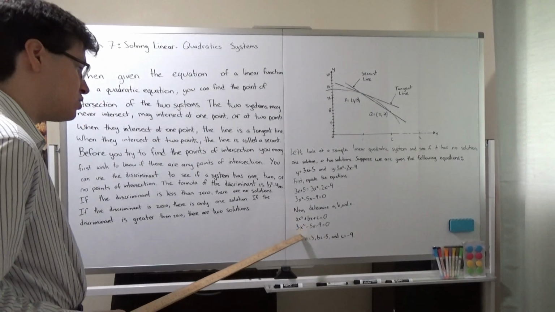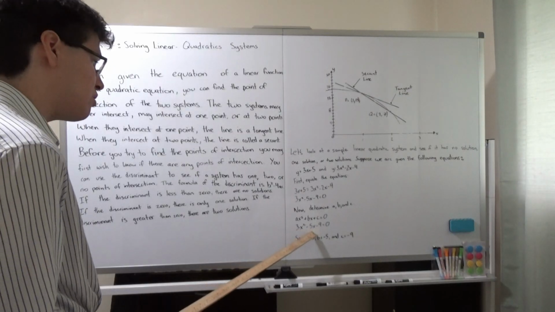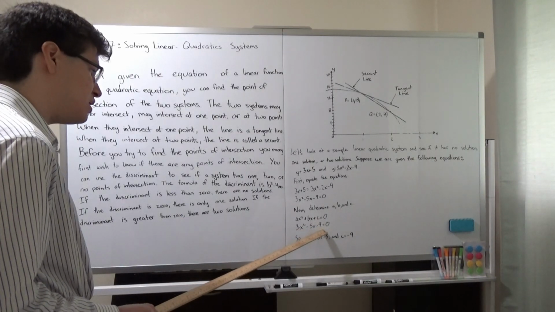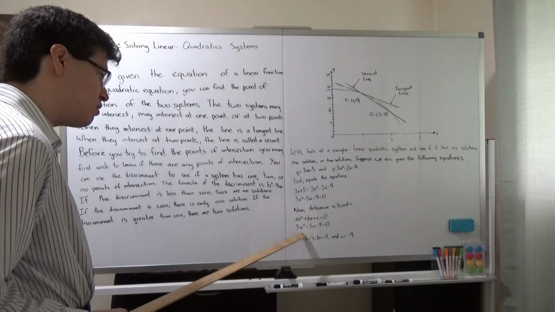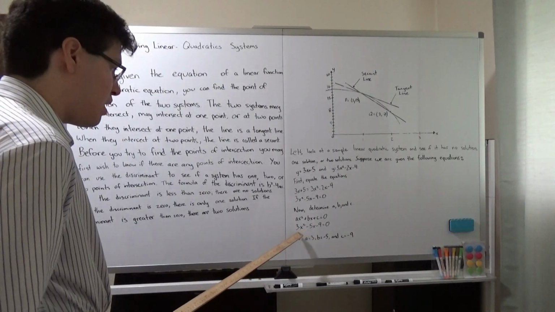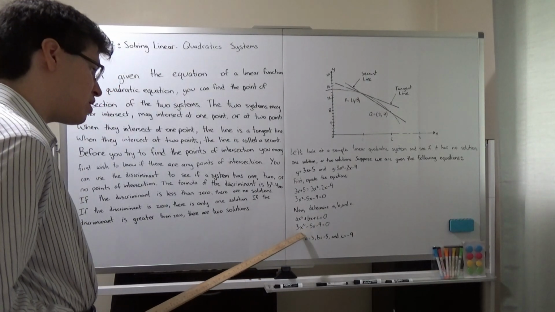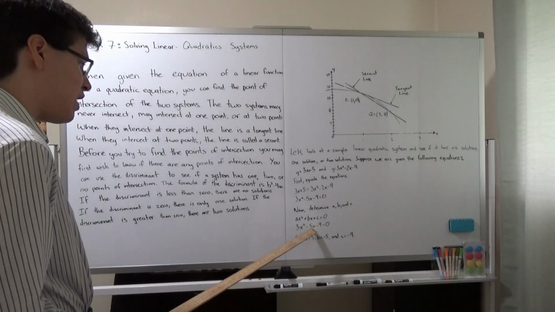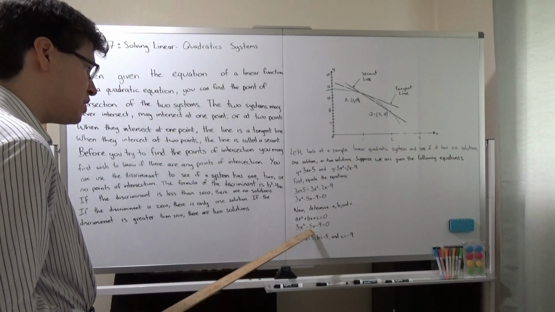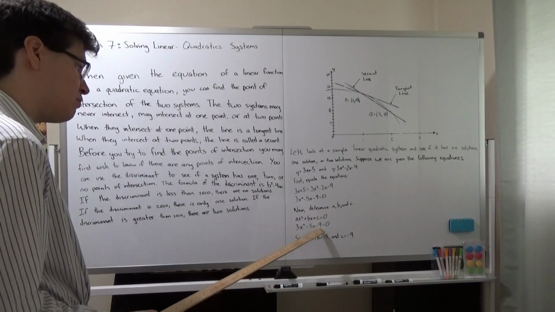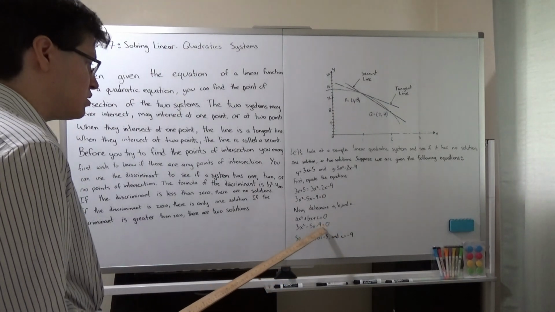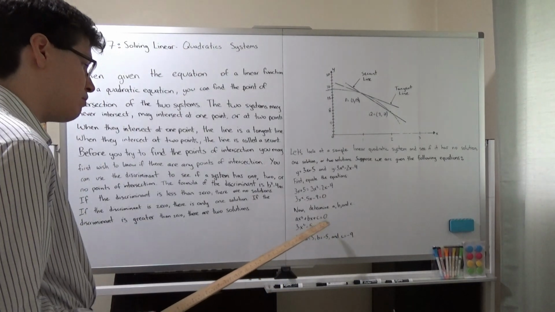So a equals 3, the coefficient of the x squared term. b equals -5, the coefficient of the x term. And c equals -9, the constant term.